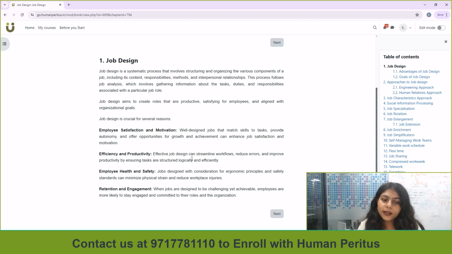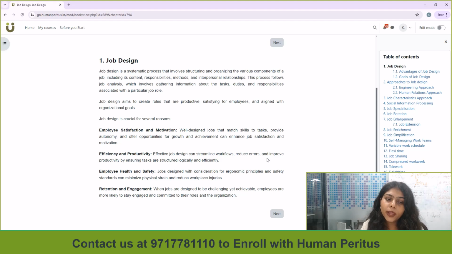So effective job design can streamline workflows, reduce errors, and improve productivity. Since everything is being structured, of course productivity is not that unachievable. Then reduce errors: the process of standardization will help the organization reduce the errors they're making. So efficiency and productivity is the second reason.